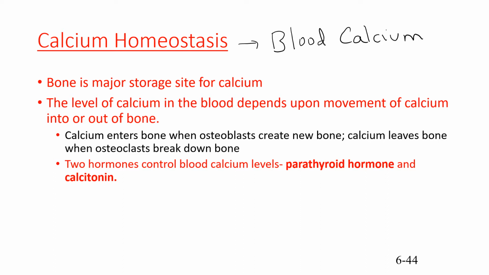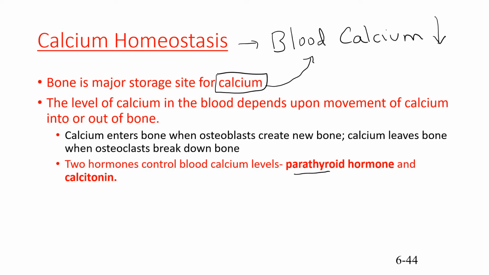The body needs to maintain normal levels of blood calcium. Calcium is stored in bone tissue. Maintaining blood calcium homeostasis will involve the movement of calcium into the blood if blood calcium levels fall below homeostatic values.